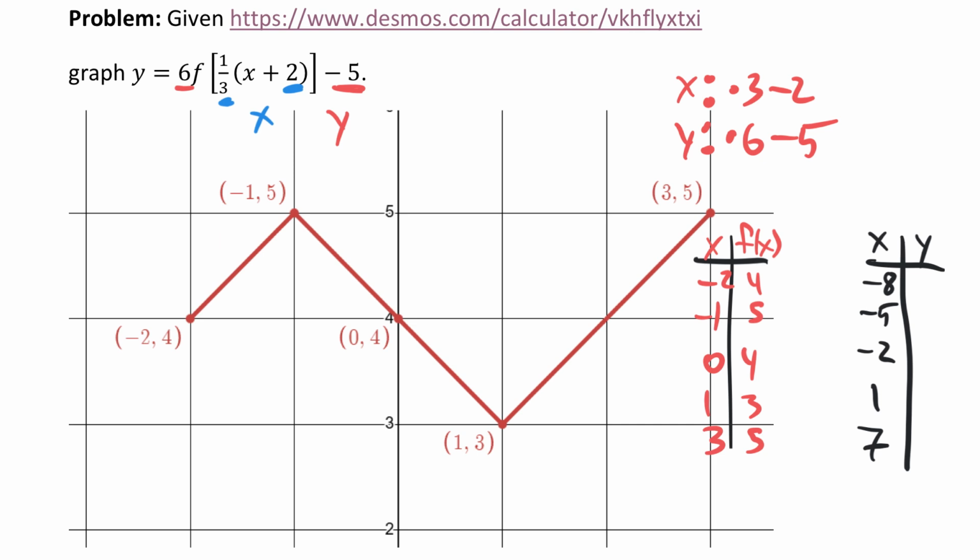Okay, y values. 6 times 4 is going to be 24, that's pretty big. Minus 5 is 19. 6 times 5 is 30, minus 5 is 25. The 4 again gives another 19. 3, okay, 6 times 3 is 18, minus 5 is 13.